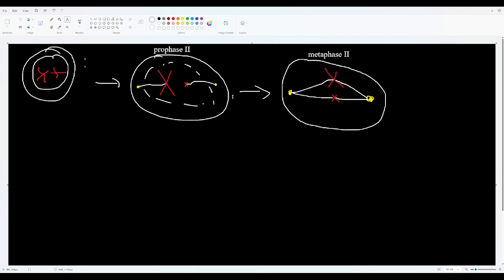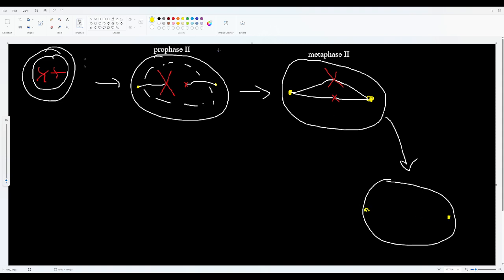Moving into anaphase 2, remember, in anaphase 1, the homologous chromosomes were split apart. Now, during anaphase 2, the sister chromatids are going to be split apart, just like in mitosis. Pretty ordinary. This is anaphase 2.